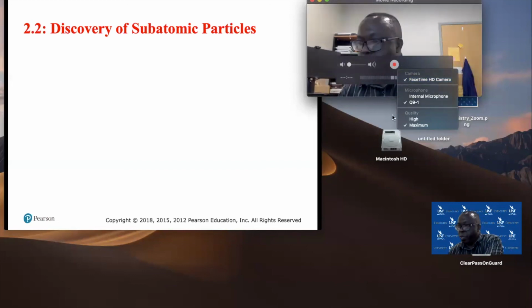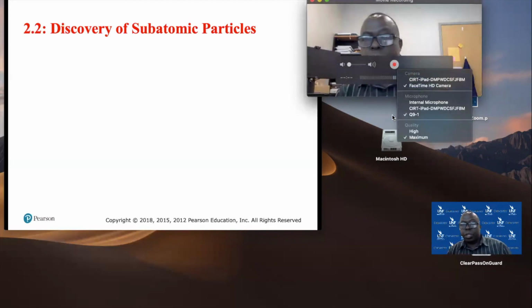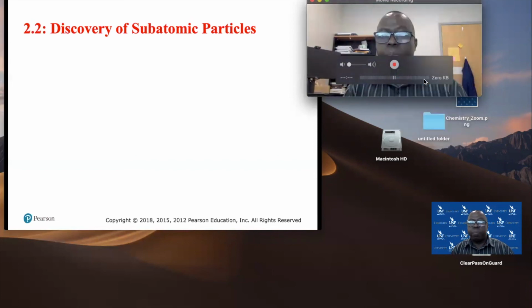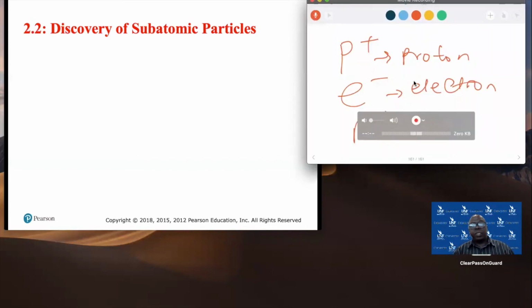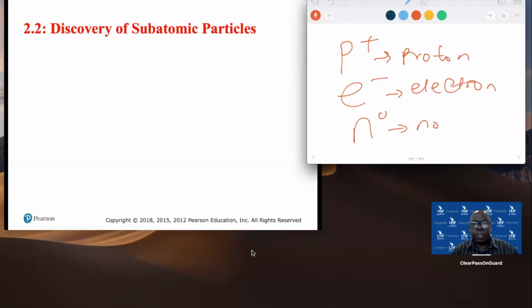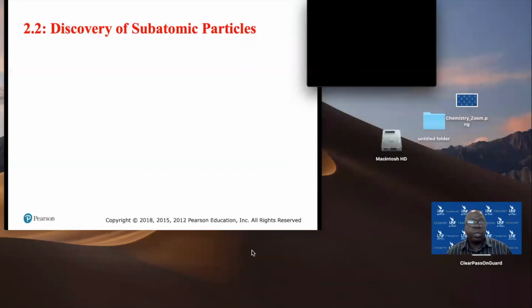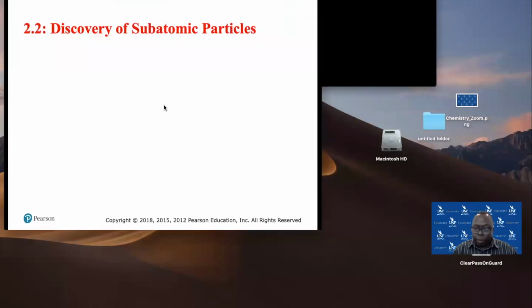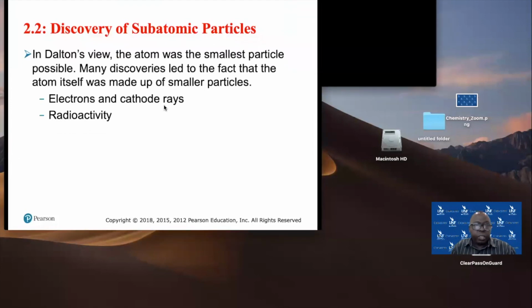It is dropping my whiteboard again. I wanted to make sure you see the notation for subatomic particles: protons, neutrons, and electrons. And with the subatomic particles, Dalton's view, we'll see how each one of them was discovered.